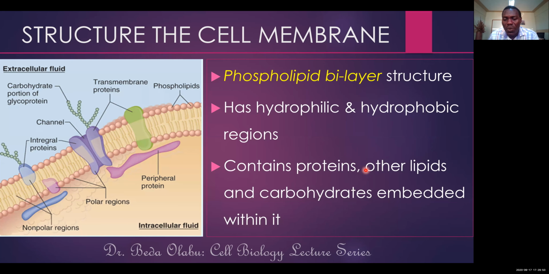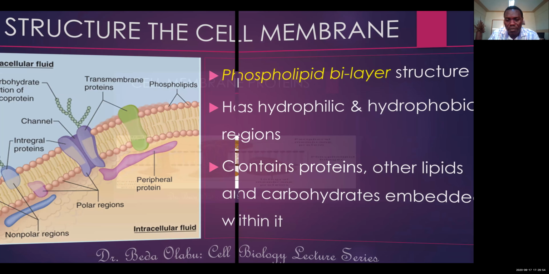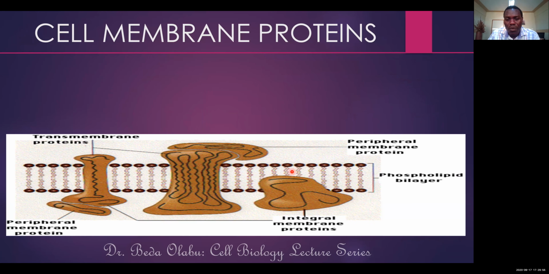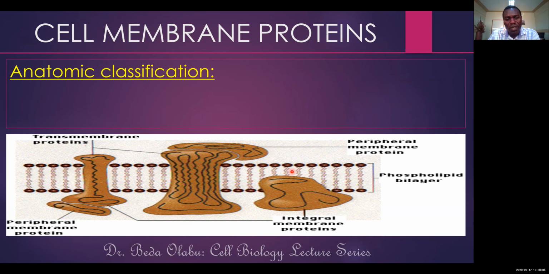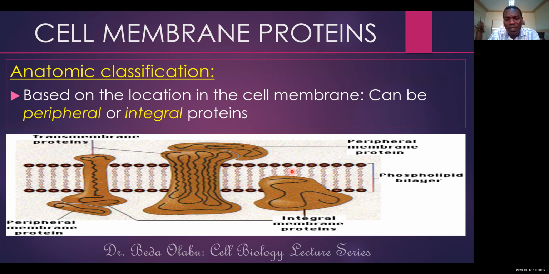I want us to narrow down onto this. We can classify cell membrane proteins in two ways. There's anatomical classification and there is a functional classification. The anatomical classification of the cell membrane proteins recognizes the location of these proteins.